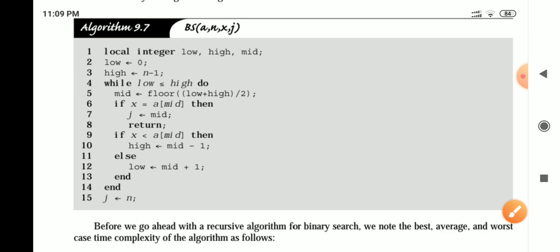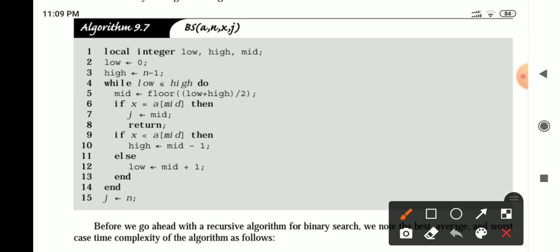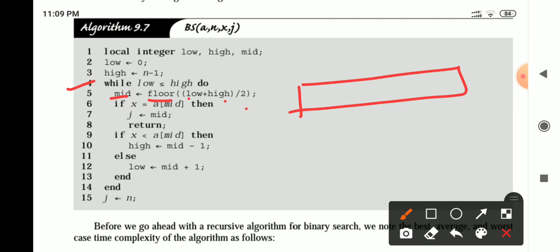So whenever low is less than or equal to high, we are going to find out mid, which is calculated using the floor operator: floor of (low plus high) divided by 2. Suppose we have the elements 0 to 6.